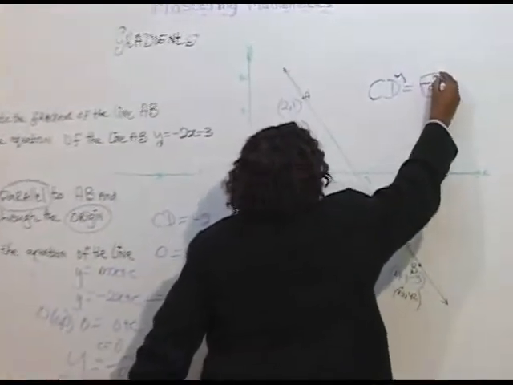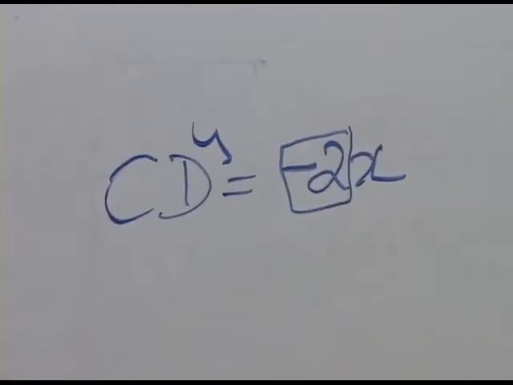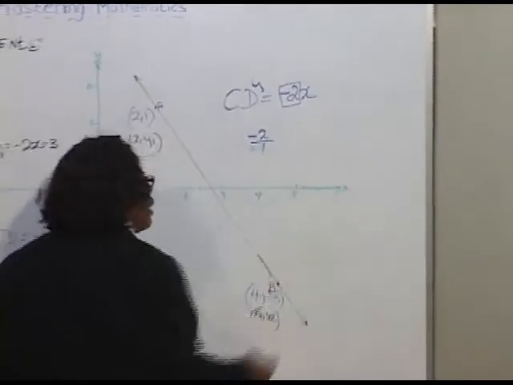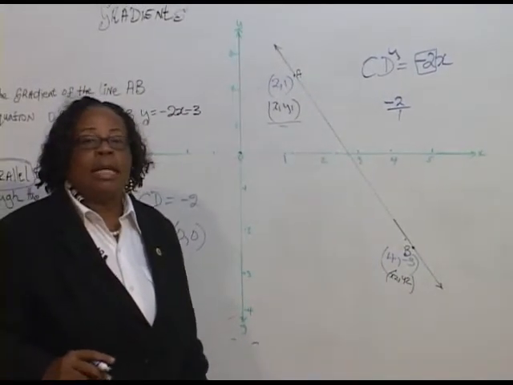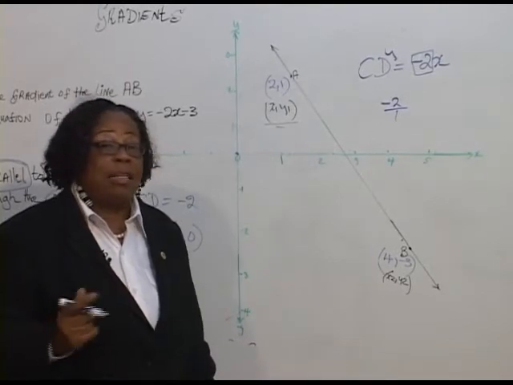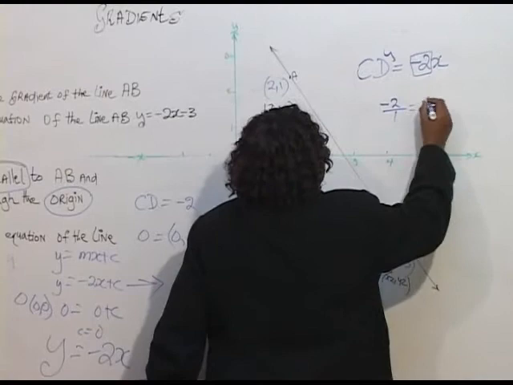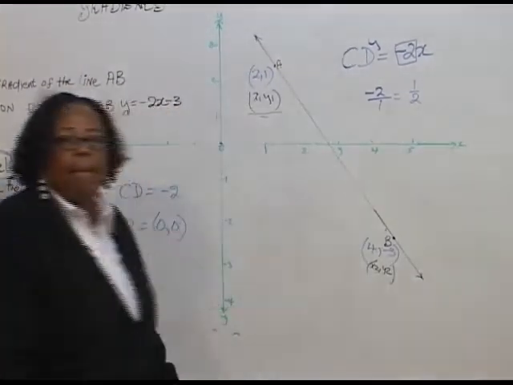The gradient of this line is negative 2. And we know we can write negative 2 as negative 2 over 1. Isn't that true? Yes. So what are we going to do to get the gradient of a line that's perpendicular to this one? We are going to turn it upside down. So it's 1 over 2. Change the sign so it becomes a plus.